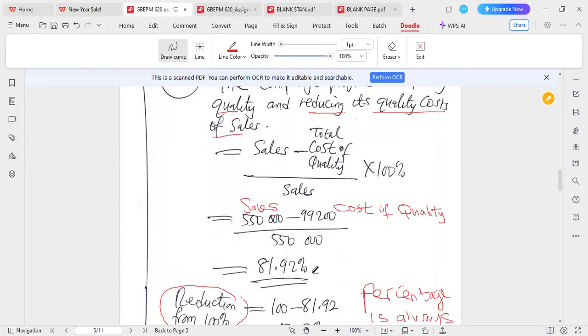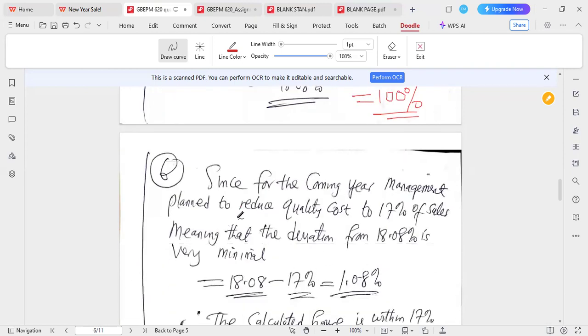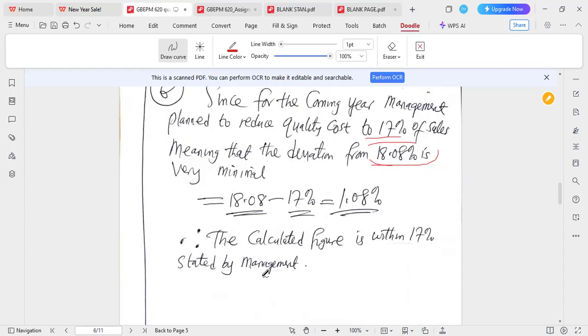We have this one where we're saying 81.92%, which is always 100. So reduction from 100 is 18.08%. Since for the coming year, management plan to reduce quality costs to 17% of sales, meaning that the deviation from 18.08 is very minimal, which is 1.0%. The calculated figure is within 17% stated by management.